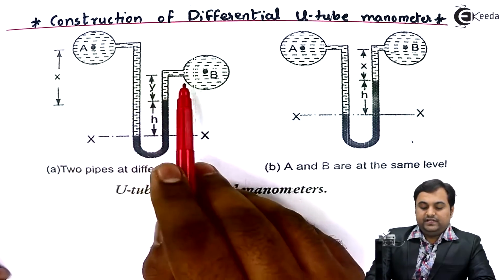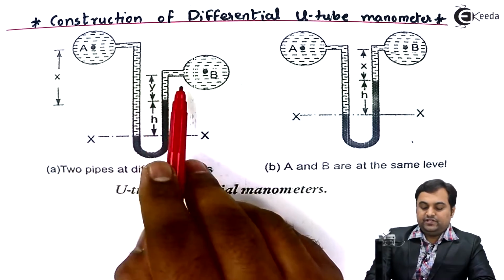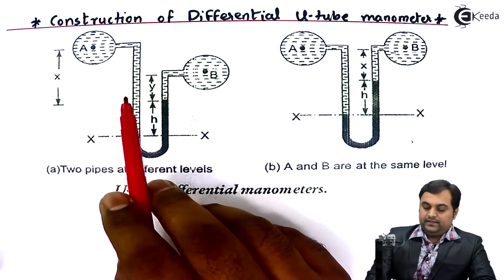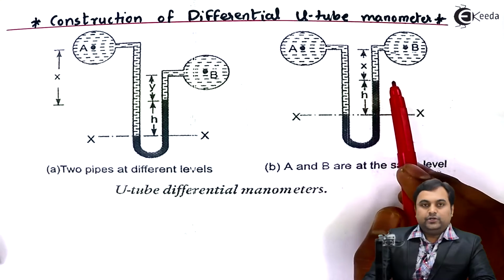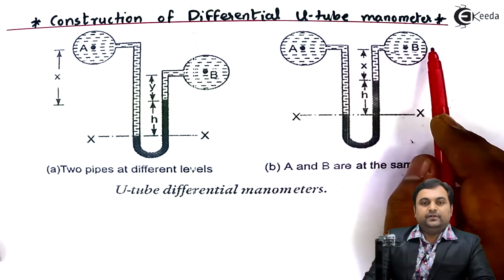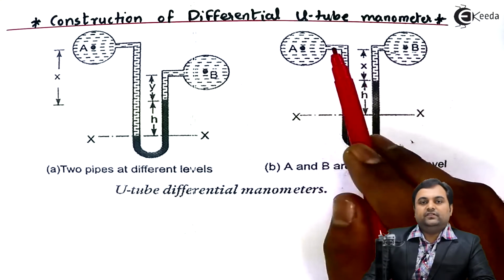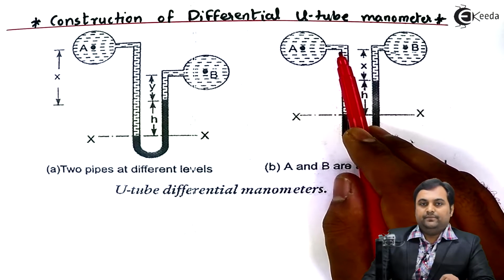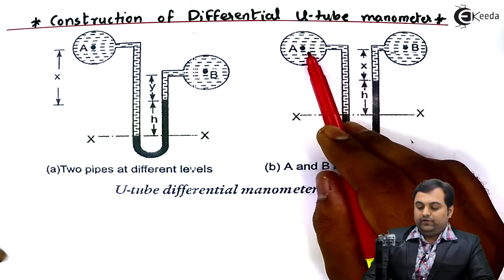Now we can easily calculate the pressure difference in both pipelines by using some form of equation. Next, in figure 2, pipeline A and pipeline B are at the same level. These two pipes can even contain the same liquid, so the density would be the same for both fluids.